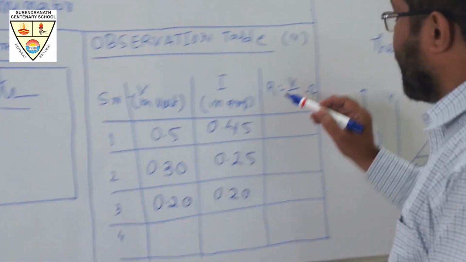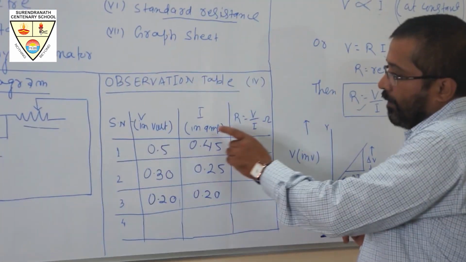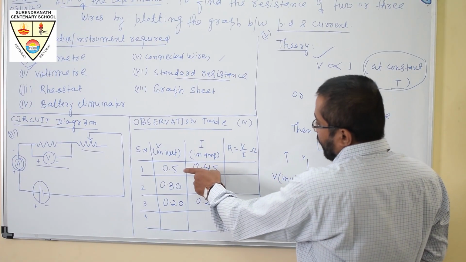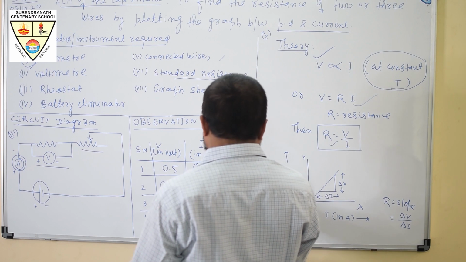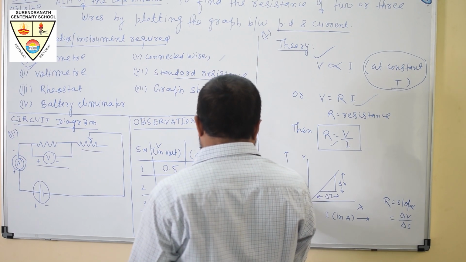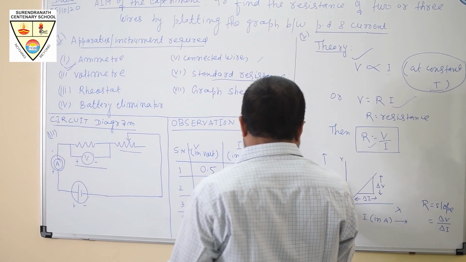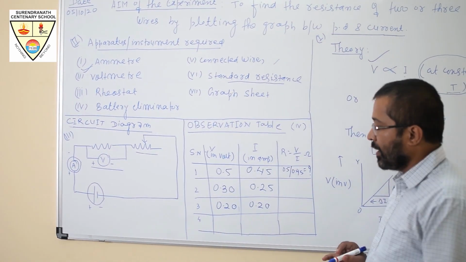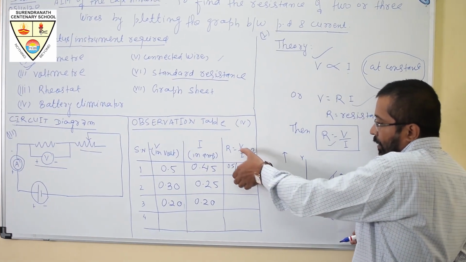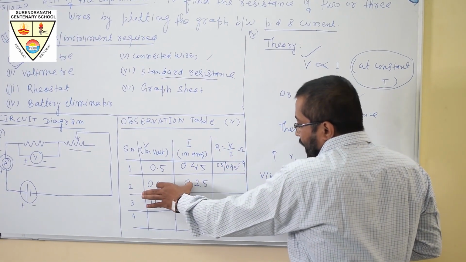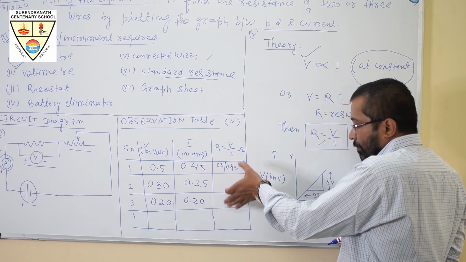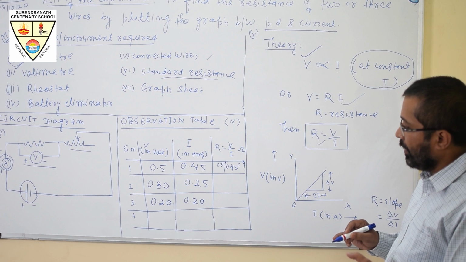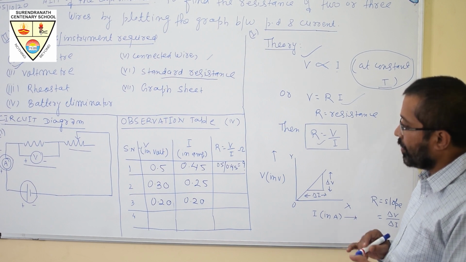Now you can find the value of R by putting the values of voltage and current in this column. Here V is 0.5, current is 0.45. Now you calculate it, it will give you the value of resistance. And the value of resistance for every corresponding reading comes out nearly identical. It means our practical is going in the right direction.